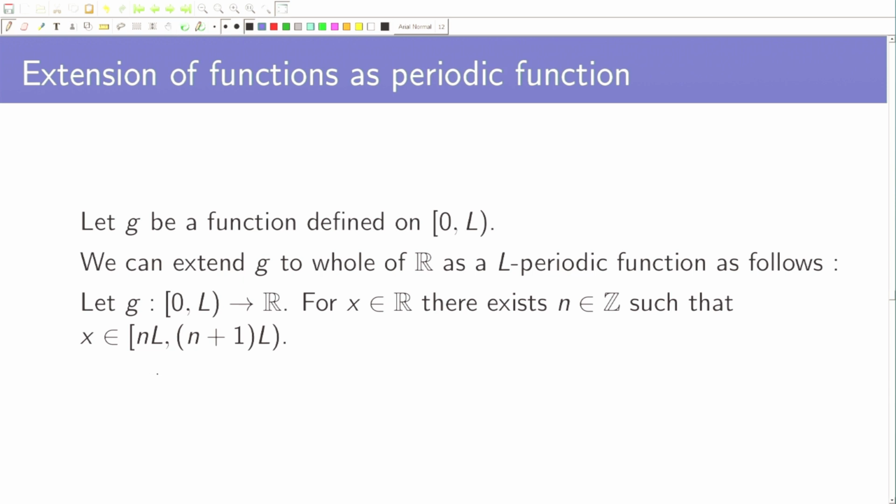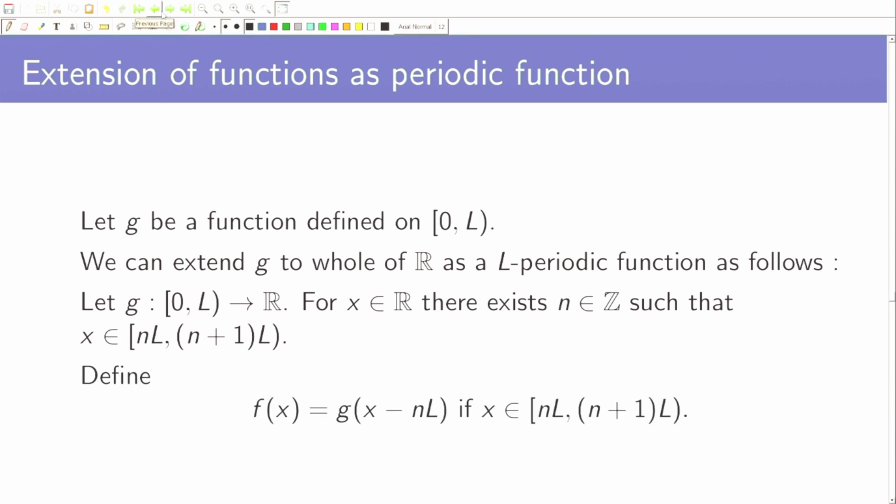So, we can extend g to an L periodic function as follows. Now g is only defined here from 0 to L. Now, if our x is somewhere here, how are we going to extend this? Just like in the previous example, wherever x is, there will exist an n such that x is going to lie in this interval.